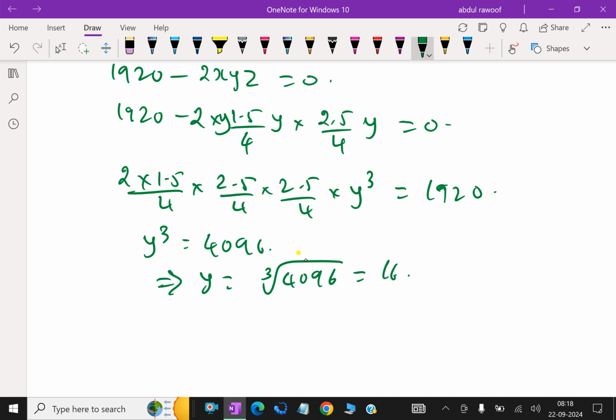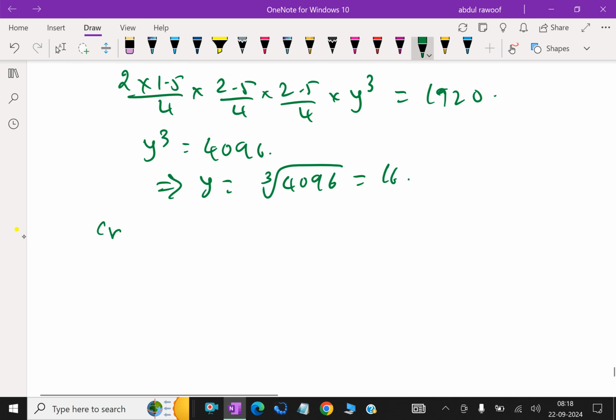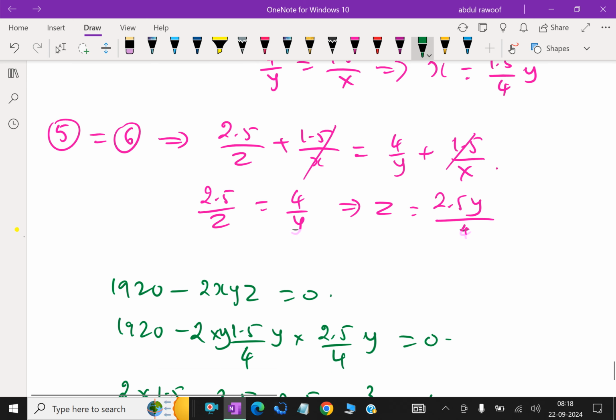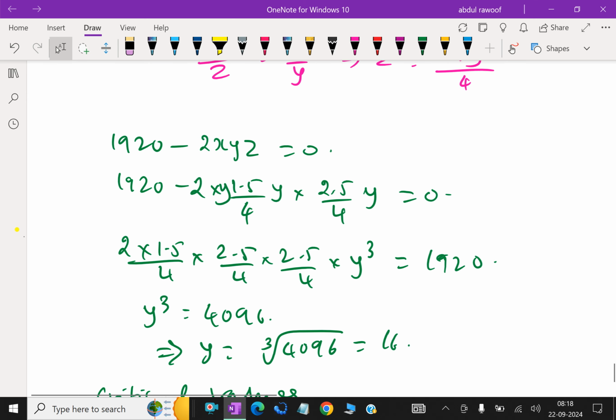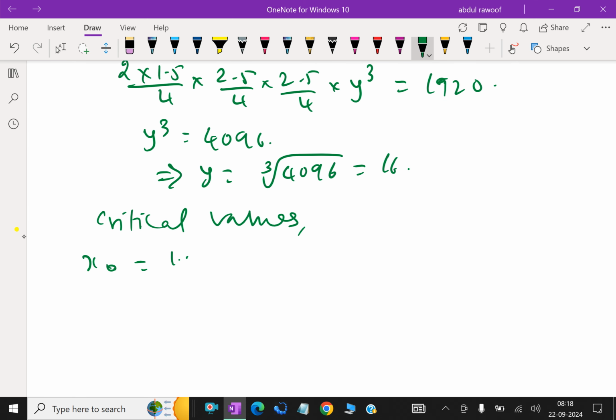Therefore, we can find the critical values. X0 is in terms of y. What is x0? 1.5 divided by 4 into y, y is 16, which is 4 into 1.5 is 6. Then y0 is 16.